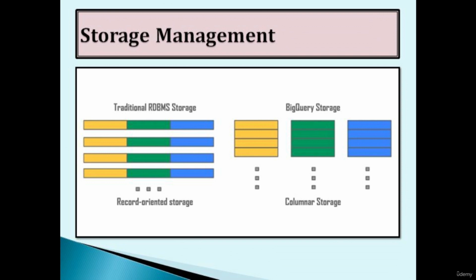This makes them good at transactional updates and OLTP, meaning online transaction processing, use cases. BigQuery, on the other hand, uses columnar storage where each column is stored in a separate file block. This makes BigQuery an ideal solution for OLAP, meaning online analytical processing, use cases.